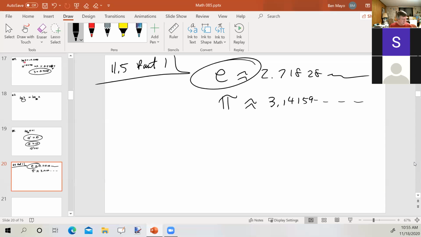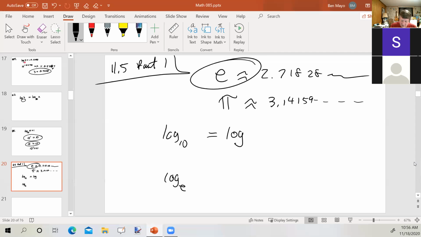A couple of things about it. First of all, log base 10, we write as log, right? Well, log base e, since it's also used quite a bit, whenever there's something used quite a bit, mathematicians like to use a shortcut because they're lazy, efficient.